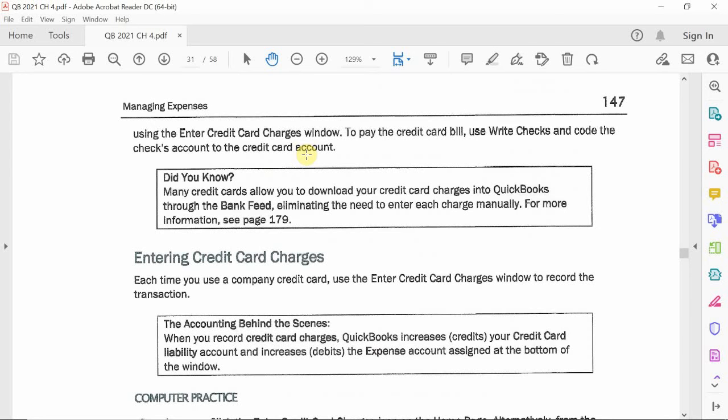And of course, when we have a credit card, a credit card is a liability, because in this case, a credit card is a means of borrowing money from an actual bank institute. A credit card gives us a cash advance, and then we owe that bank some money.